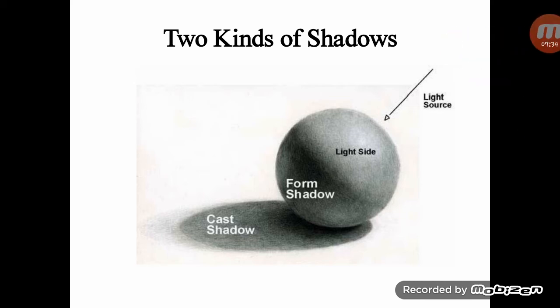And a form shadow is the less defined dark side on an object not facing the light source. A form shadow has softer, less defined edges than a cast shadow. Form shadows are subtle shadows essential for creating the illusion of volume, mass, and depth.